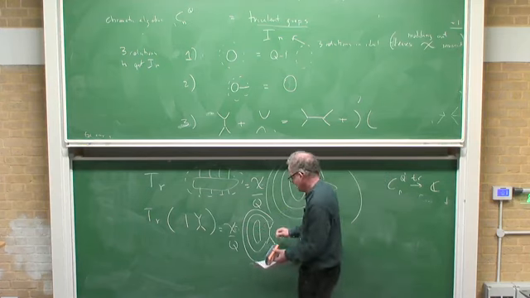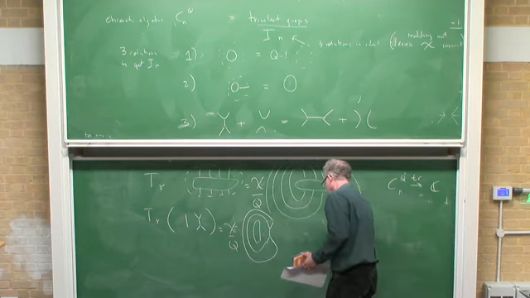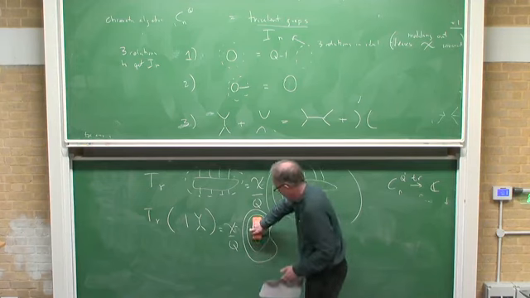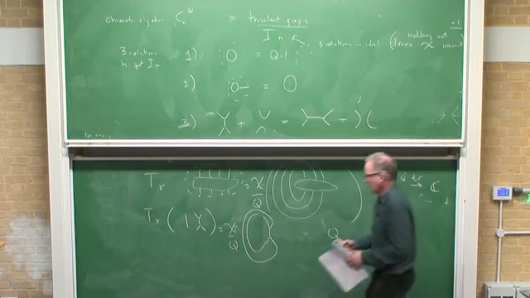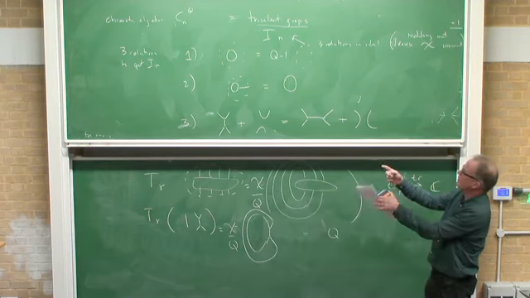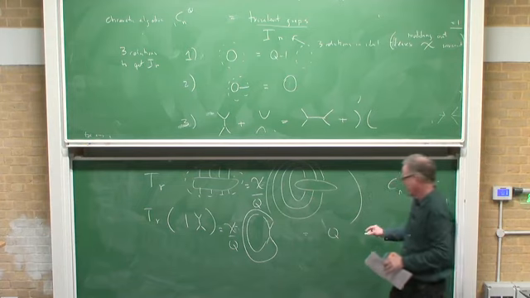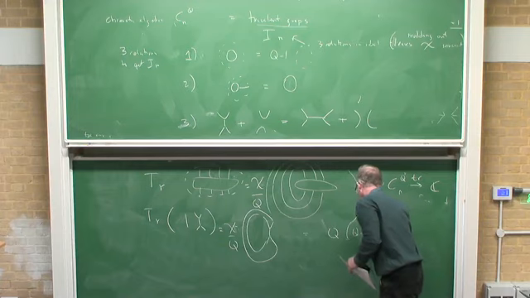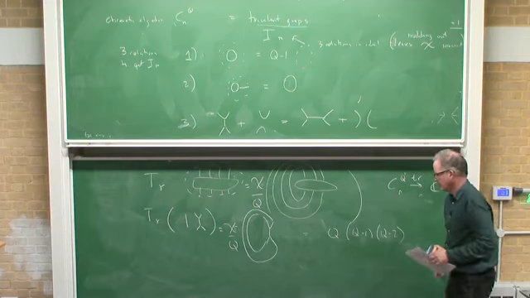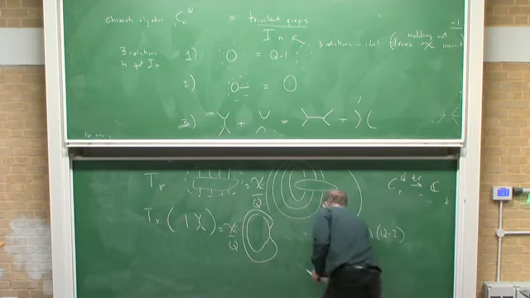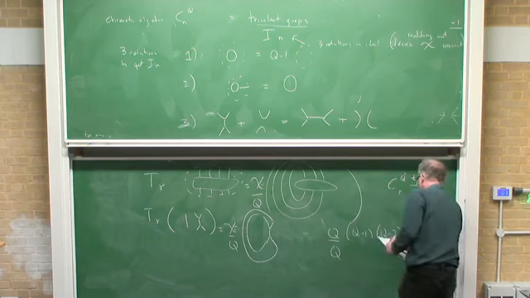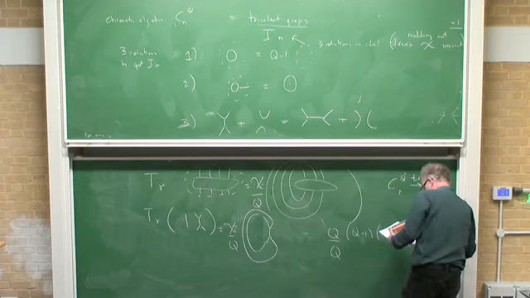I get a Q coming from there. Then that thing is that theta graph I drew way back, and that gave us Q minus 1 times Q minus 2. And then we divide by Q, just for convenience, and so this was Q minus 1.